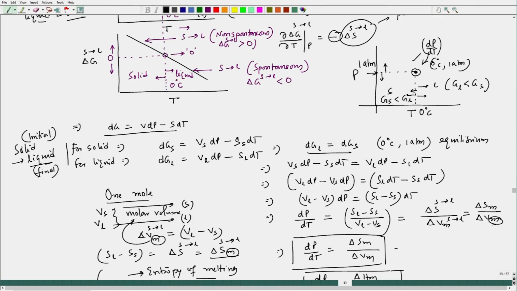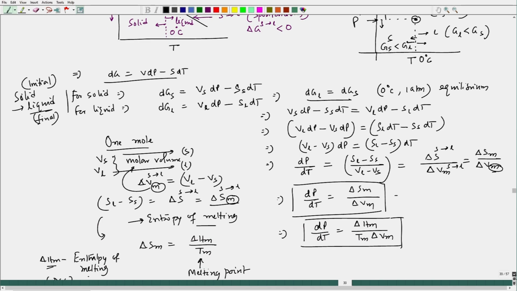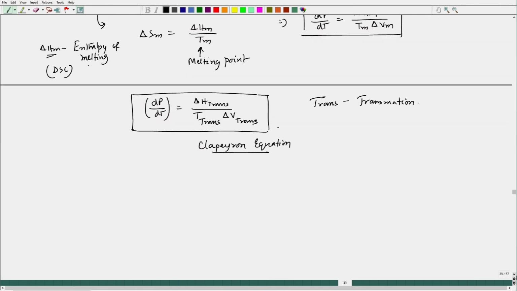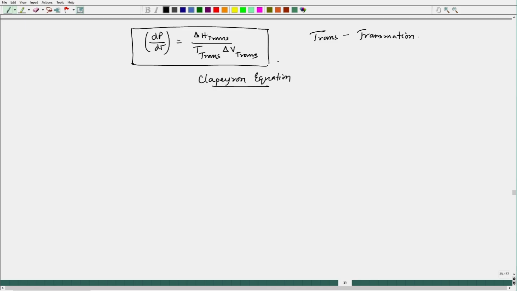Okay. So, now in order to understand that, let me come back to this dP/dT with reference to 1 mole of water.